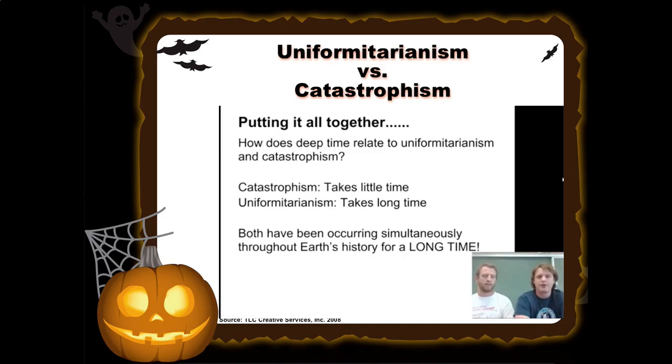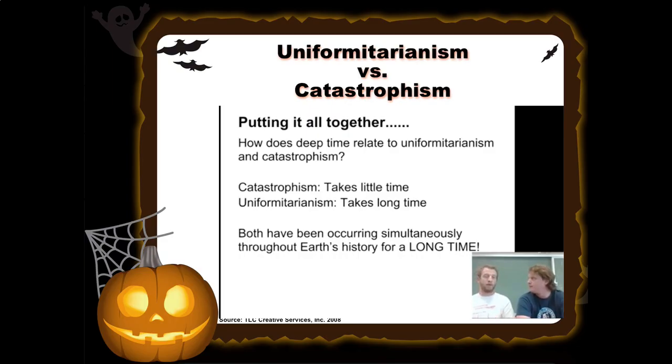All right, so putting it all together, how does deep time relate to uniformitarianism and catastrophism? Well, basically, we know that catastrophism doesn't take that much time at all. We're looking at changing the landscape of the Earth, where uniformitarianism takes a really, really long time. But both of them have actually been happening simultaneously over the course of a long time.